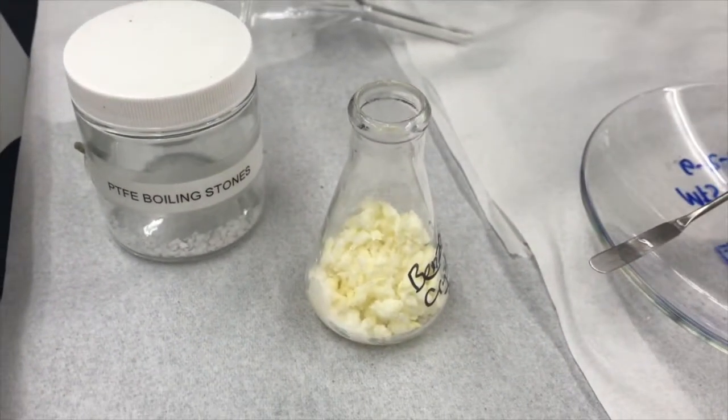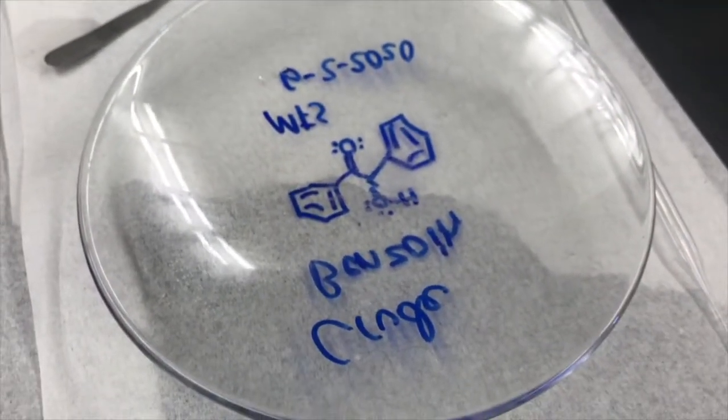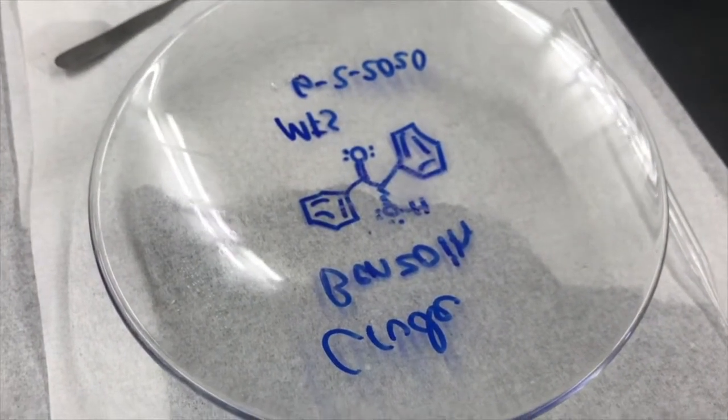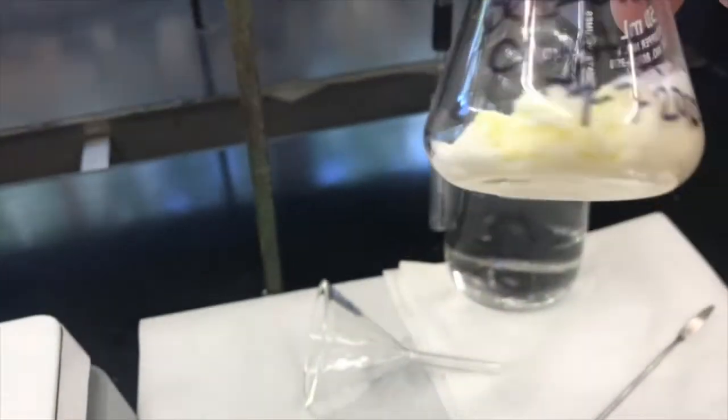Now I'll repeat that again. So I repeated that a couple more times, and I feel like I got almost all of the solid off of the watch glass. And my crude product with that little bit of ethanol is here.